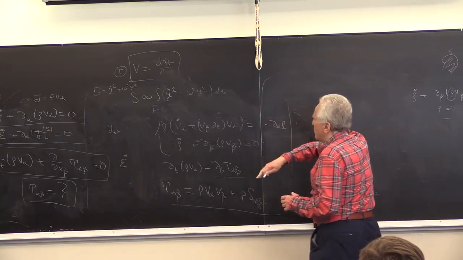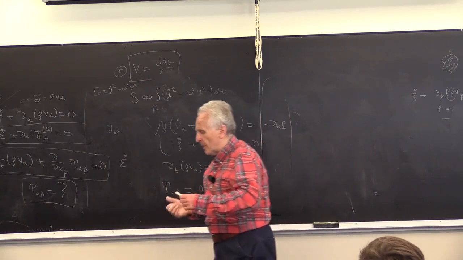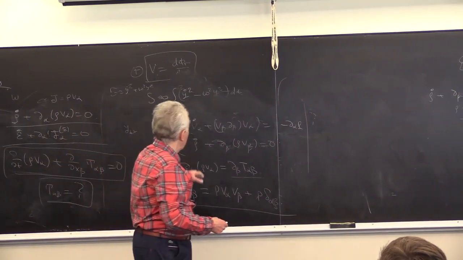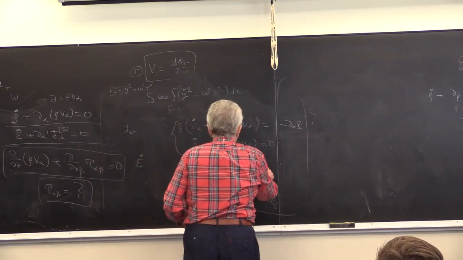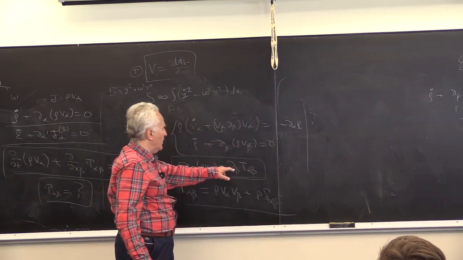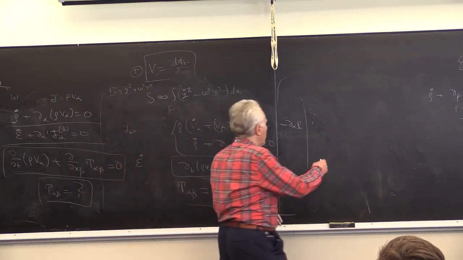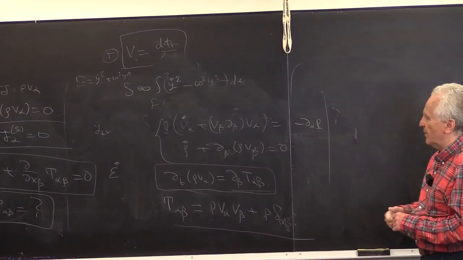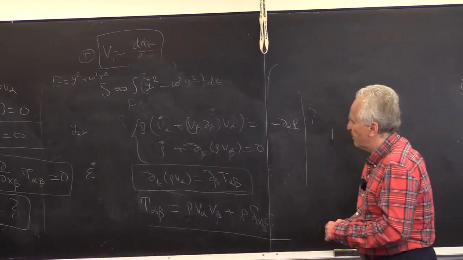Once again, we want to preserve the momentum conservation, so we want to preserve this equation. But we want to take into account that T alpha beta may be sensitive to the gradients of the velocity in the fluid.